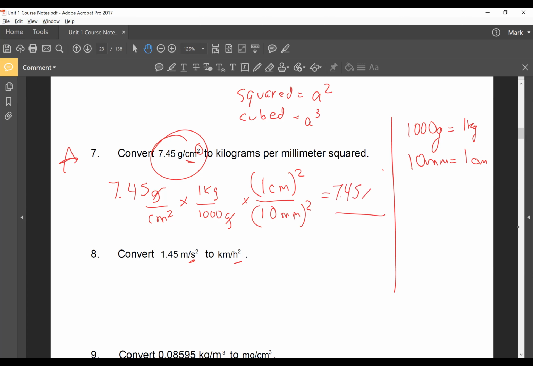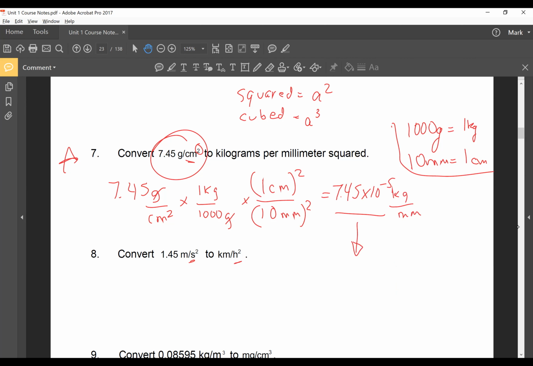I get 7.45 times 10, oh, sorry, let me get rid of this line here. 7.45 times 10 to the negative 5.